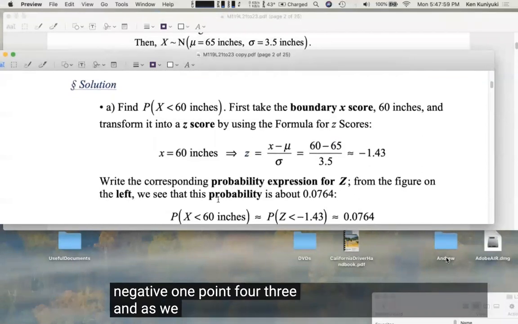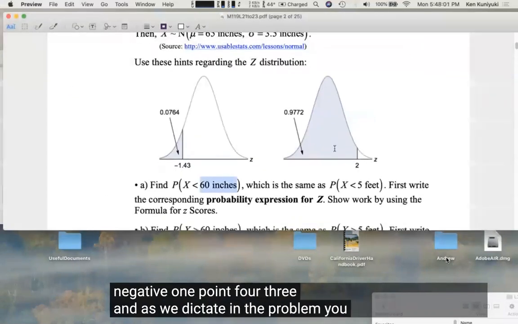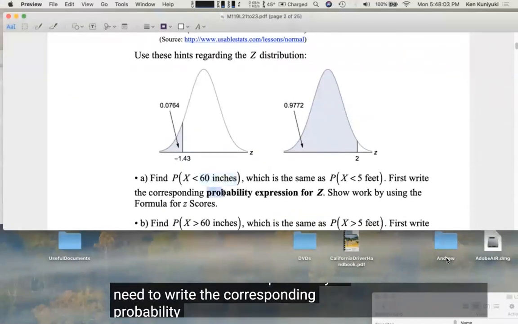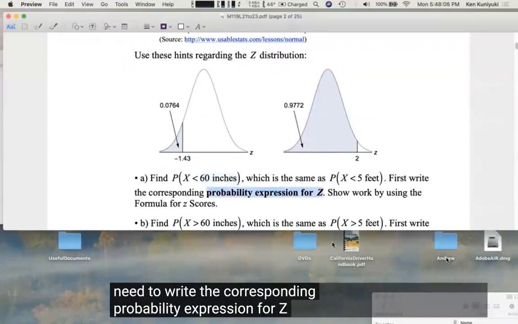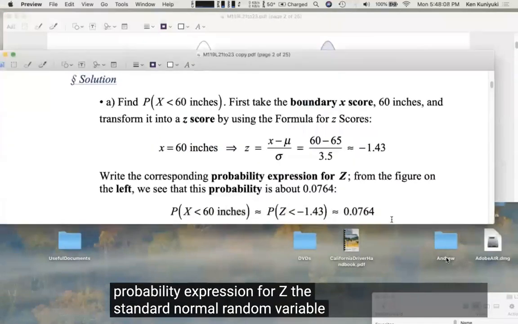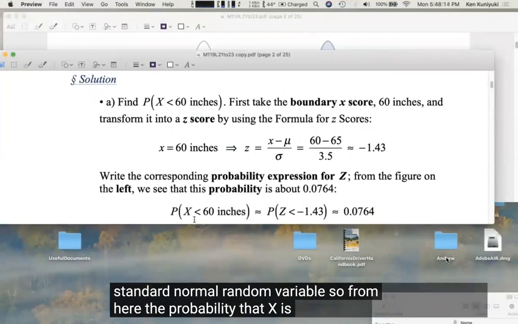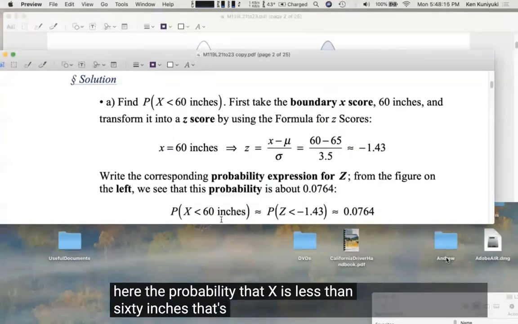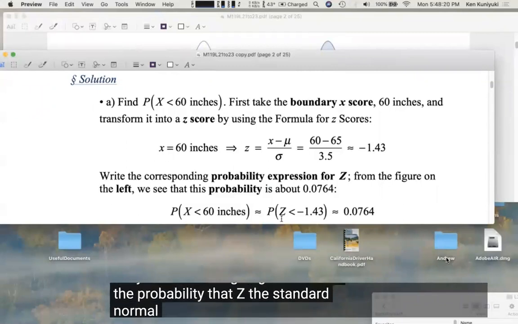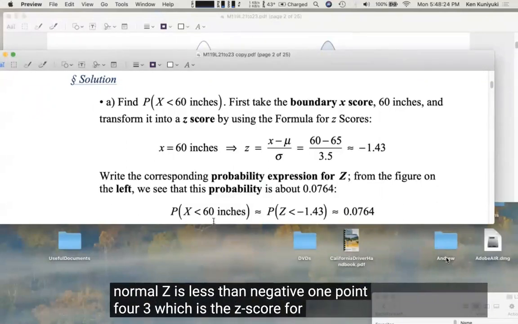As we dictate in the problem, you need to write the corresponding probability expression for z, the standard normal random variable. So the probability that x is less than 60 inches is about the probability that z, the standard normal z, is less than negative 1.43, which is the z-score for 60 inches.